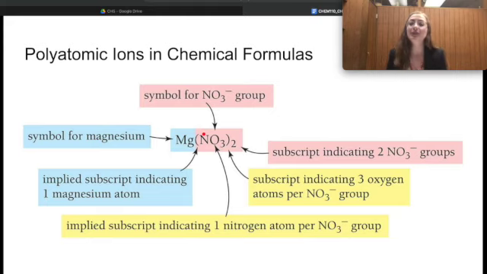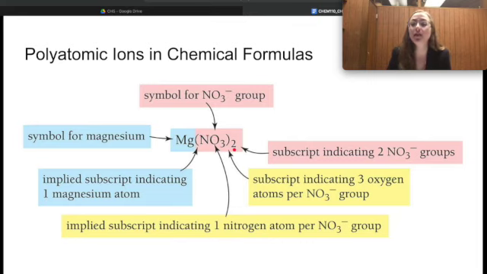So if I want to determine how many nitrogen atoms are in this chemical formula, I would have to think about the fact that I have 2 whole copies of nitrate. So that must mean I have 2 nitrogen atoms because I've got 1 from 1 copy of nitrate and I've got another from the second copy of nitrate, okay? So this subscript 2 applies to everything that's in here.